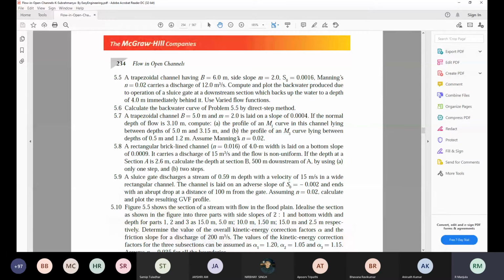That is one problem, problem number 5.6. And problem number 5.8. Are you noting down? Everyone? Are you following? Yeah, problem number 5.6. Yes, sir. Yeah, problem number 5.8 and problem number 5.9.